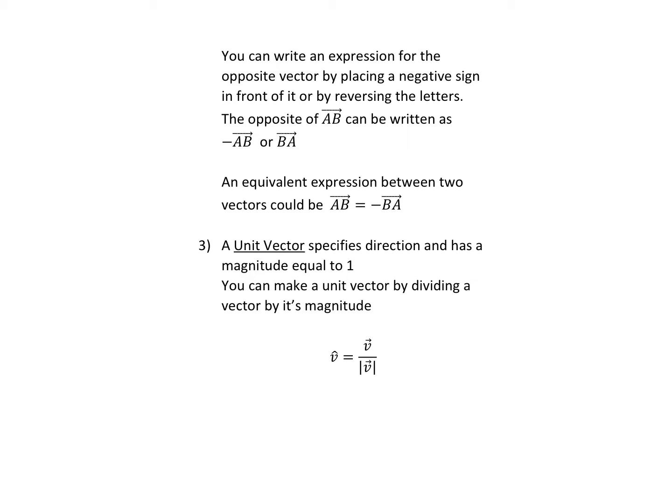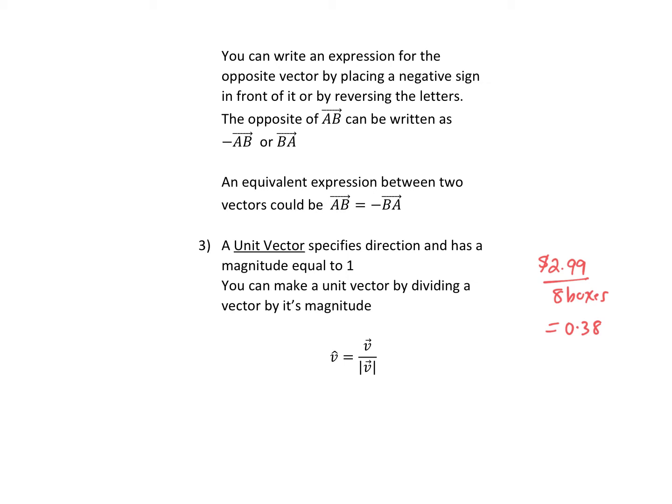You could calculate the unit price by taking the total price and dividing by how many boxes are in the package. Let's say the package is $2.99 and there are 8 boxes. You divide the total price by the number of juice boxes and get the unit price, which is about 38 cents. So a unit vector is similar.